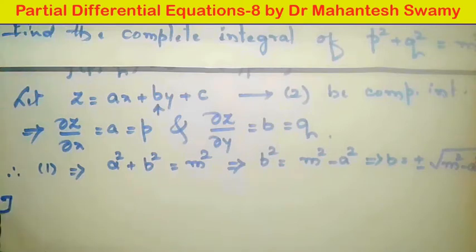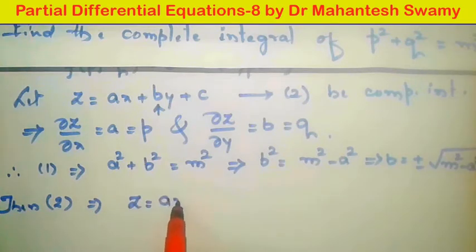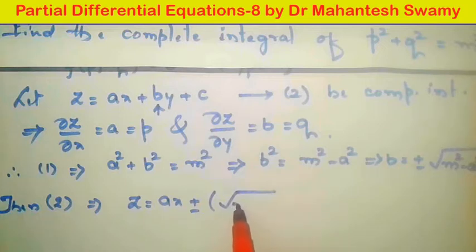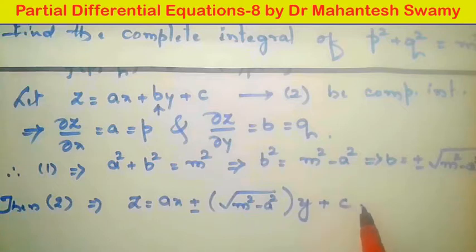Therefore 2 implies z equal to ax plus, b value is here in our hand, plus or minus square root of m square minus a square into y plus c, and this is the solution which has only two arbitrary constants. a is one arbitrary constant, and c is another arbitrary constant, and this is the required complete integral of the given partial differential equation of type 1. Very simple solution which we have seen now.